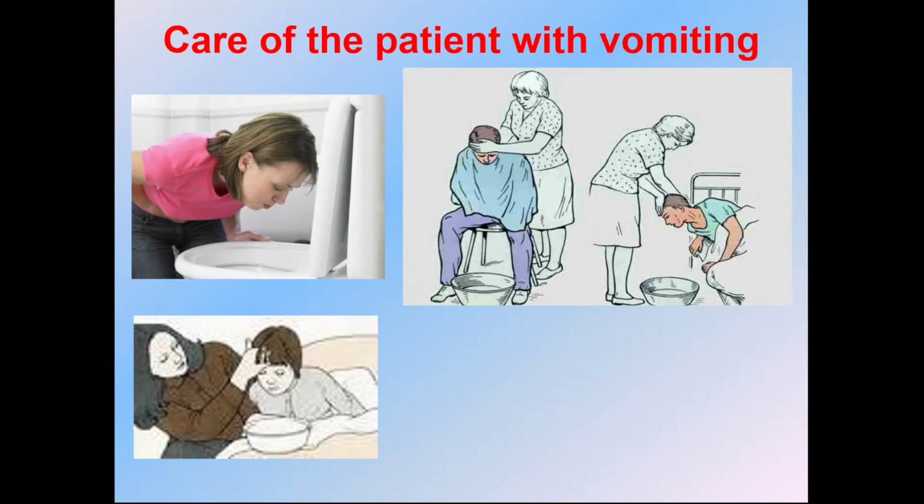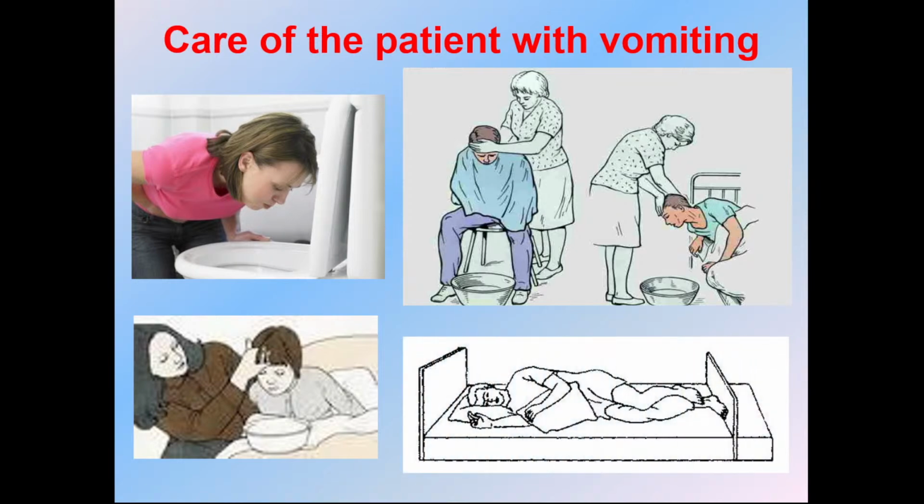After vomiting, we obligatorily give the patient some water, the patient gargles the mouth, cleans the oral cavity. We can put some drops of acid, it may be lemon juice, which helps the patient and makes his condition better.